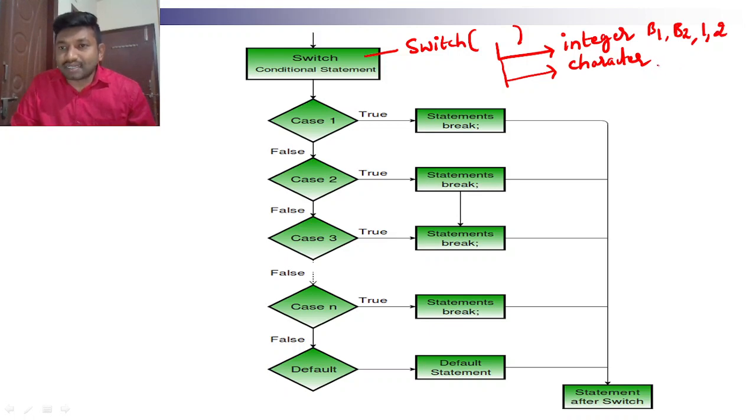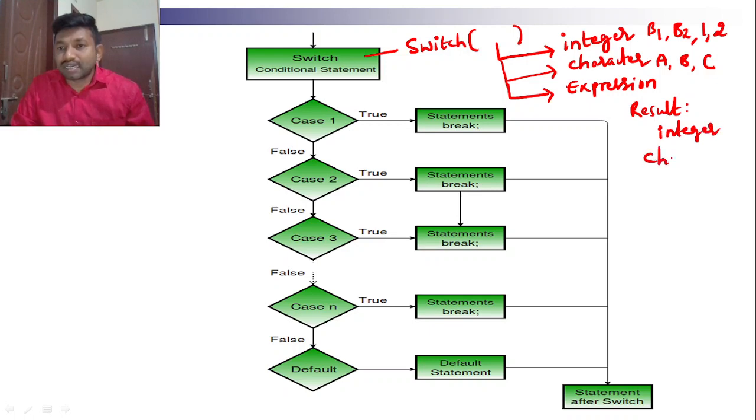If it is a character, we can say a block, b block or c block. So you can specify the block number either in the form of an integer or a character. Or you can also write it as an expression. It could be a mathematical expression, but the result of the expression must be either an integer or a character.